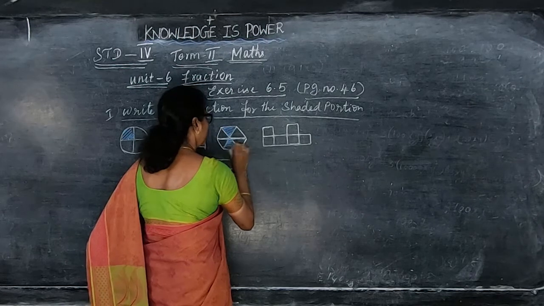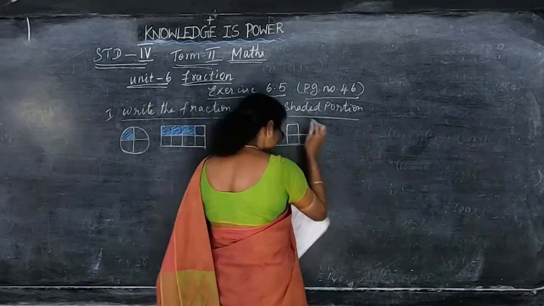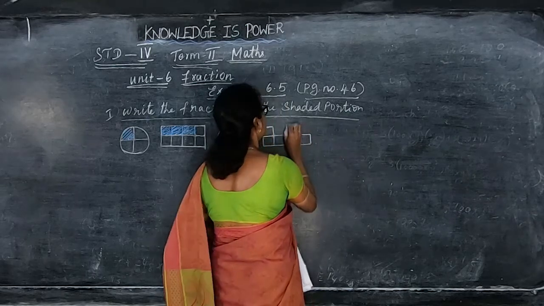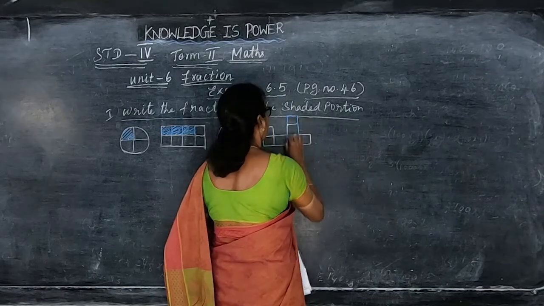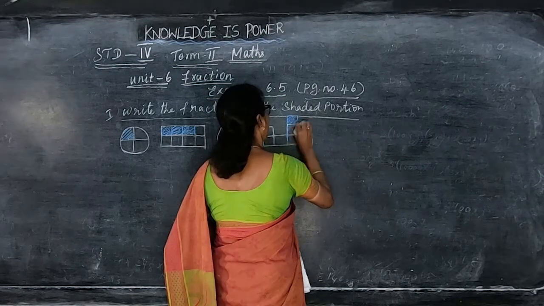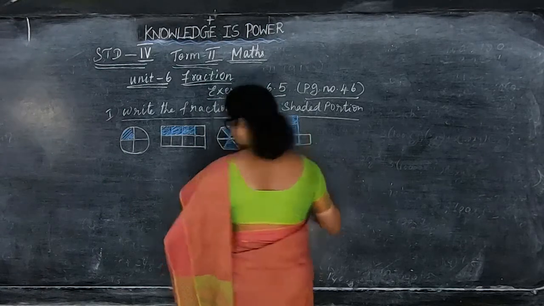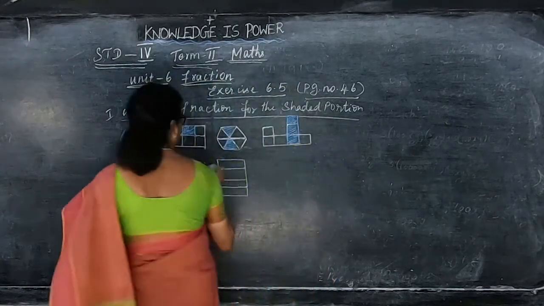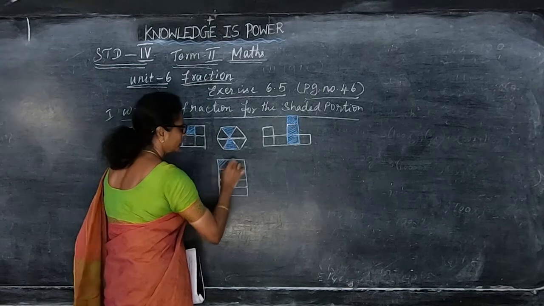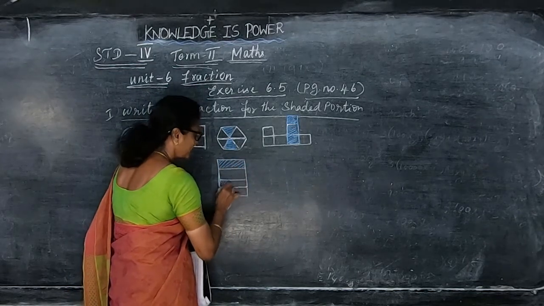So everyone can shade parts. We have to see which parts are shaded and how many parts are shaded. And you have to write the total parts, that should be in the denominator. Total parts, and then here also. The denominator is always the total parts, you can see.